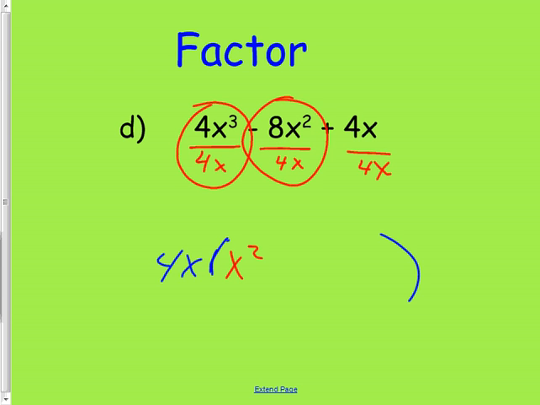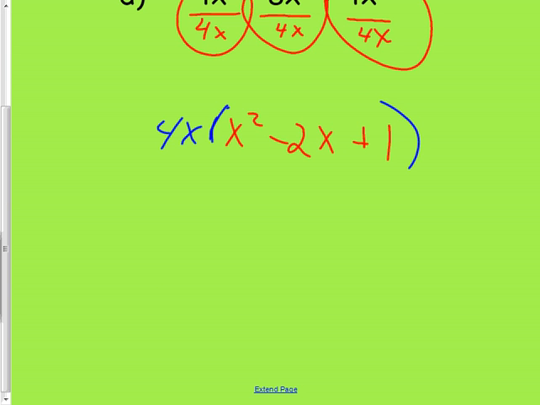That's how I get this part right here to be negative, because it was -8 divided by 4 is -2, and the x squared over the x makes x. And that's how I get that part to be 1. All right. And why would I get this marked wrong? Even though I have factored it correctly, I haven't factored it all the way. And then 2 sets of parentheses, x, x, and what?